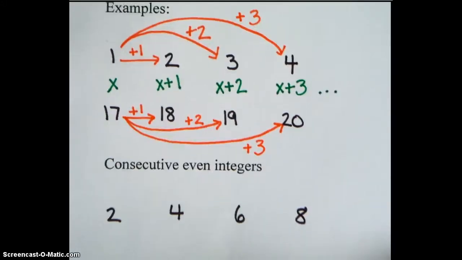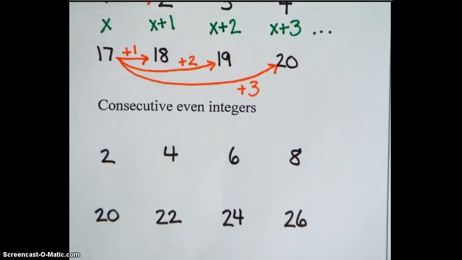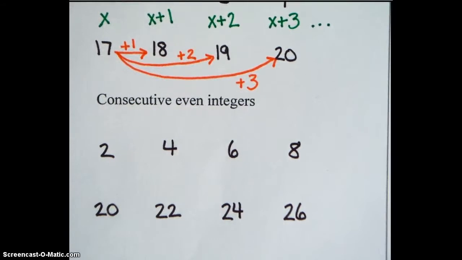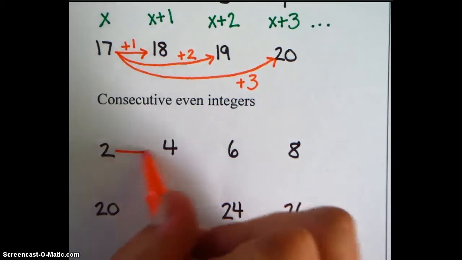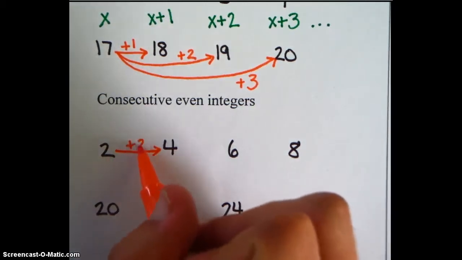Let's take a look at consecutive even integers. We have 2, then 4, 6, and 8. We could continue and make 10 and 12 if we wanted to, or we could start, let's say, at 20 and make 20, 22, 24, and 26. To get from 2 to 4, we need to add 2.